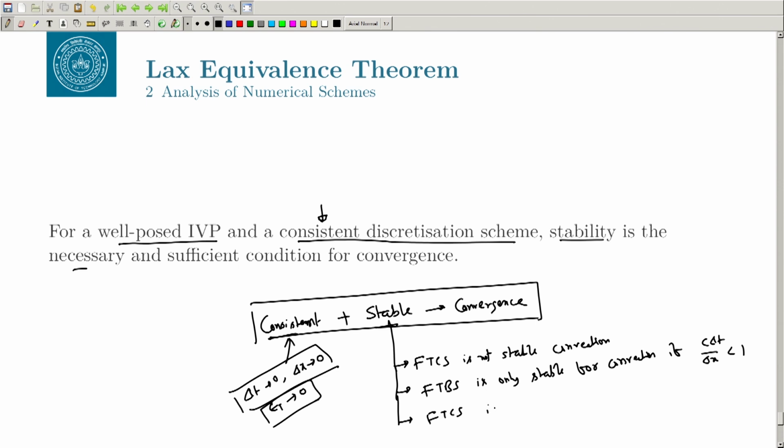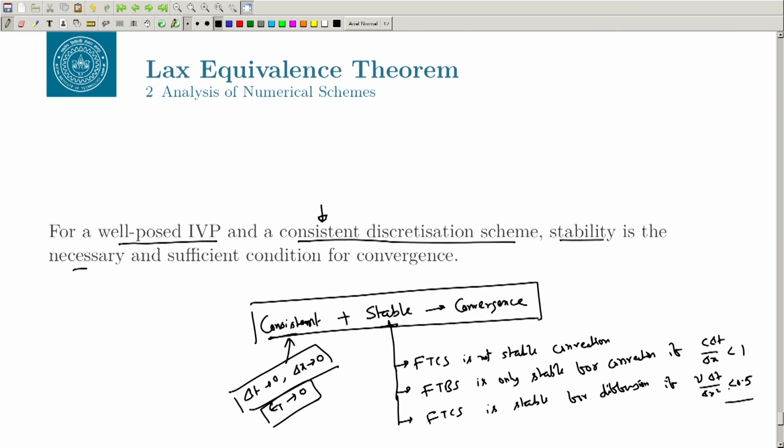FTCS is stable for diffusion if nu delta t by delta x square is less than 0.5. So, these are our observations, right.